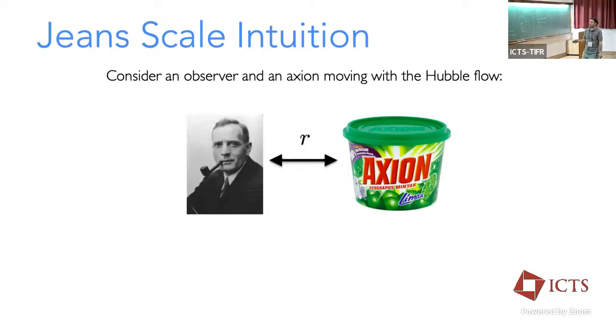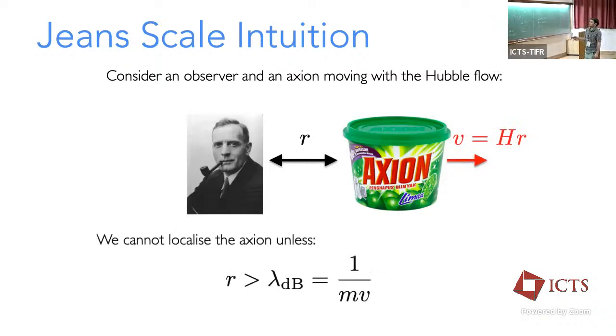Initially, their separation is small, and v is equal to HR. Because v is small, because R is small, the de Broglie wavelength, which is 1 over mv, is large, and their separation is initially smaller than the de Broglie wavelength. If I got this inequality the right way around. Yeah, okay. v is small, de Broglie wavelength is large, R is less than lambda de Broglie.